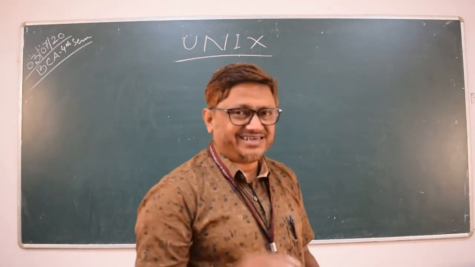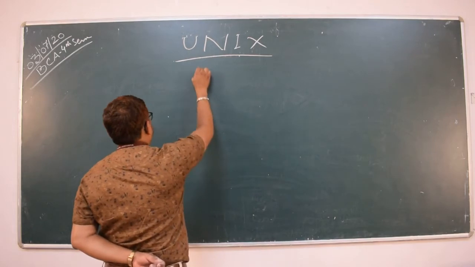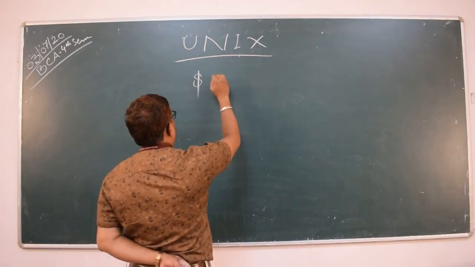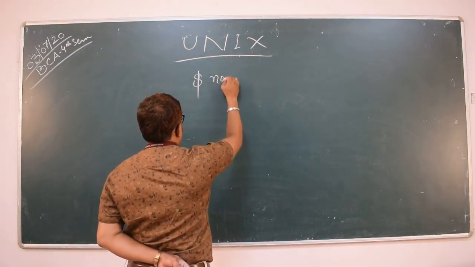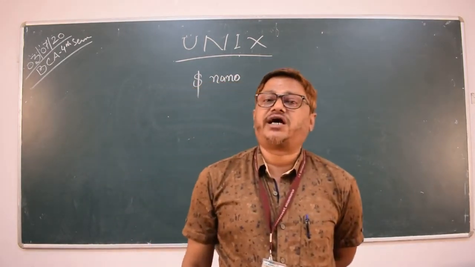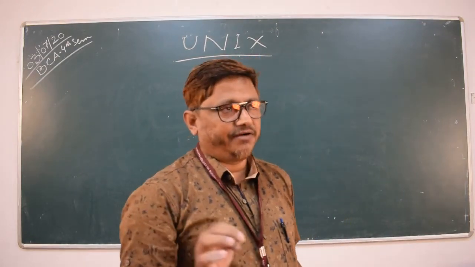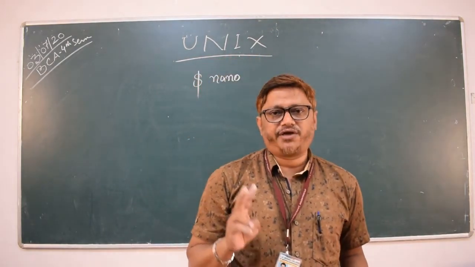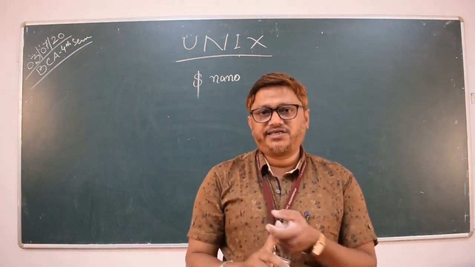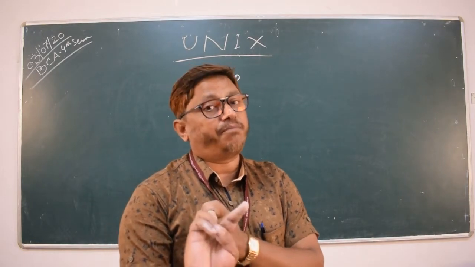Suppose you want to edit a file. Then at the $ prompt, type nano, N-A-N-O. Nano is the name of the editor, just like Notepad in Windows. Microsoft Windows has two editors: one is called Notepad, another is called WordPad.